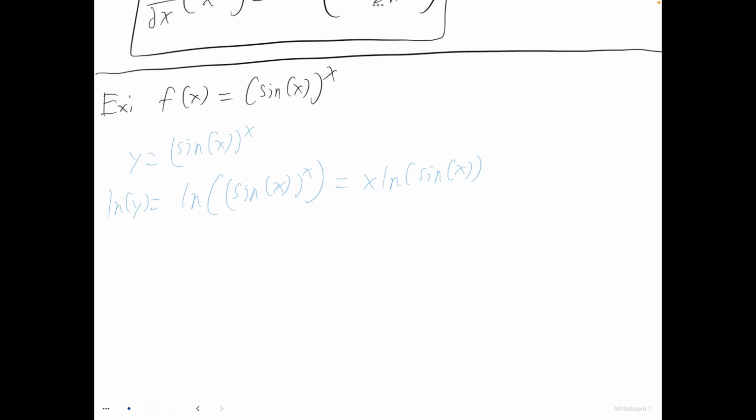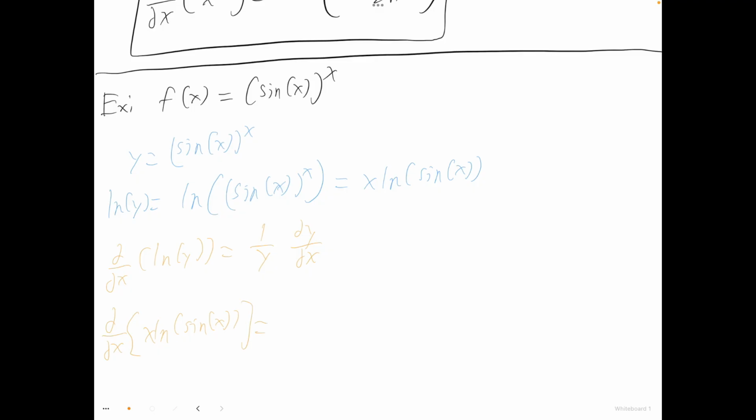And now we're going to do an implicit derivative. So we're going to take the derivative with respect to x of ln of y. So this is 1 over y dy over dx for the left-hand side. And then the right-hand side, we're taking the derivative of x ln of sine of x.